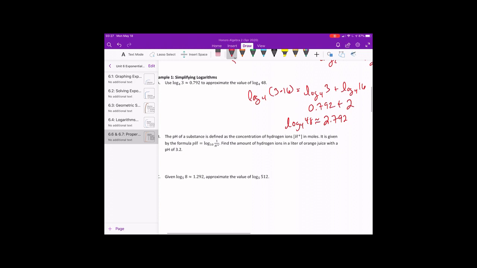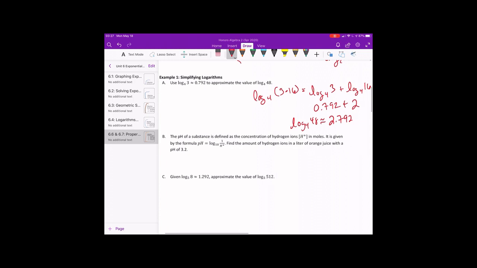As we look at example B, the pH of a substance is defined as the concentration of hydrogen atoms, represented by H positive, in moles. It is given by the formula that pH is equal to log base 10 of 1 over H positive. Find the amount of hydrogen atoms in a liter of orange juice that has a pH of 3.2.